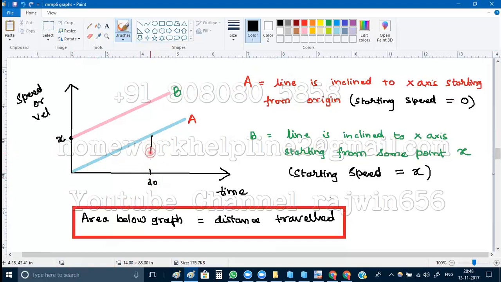You will make this triangle. The area of this triangle is going to give you the distance traveled. So area below the graph gives us distance traveled, while the gradient, the slope, is going to give you the value of acceleration.